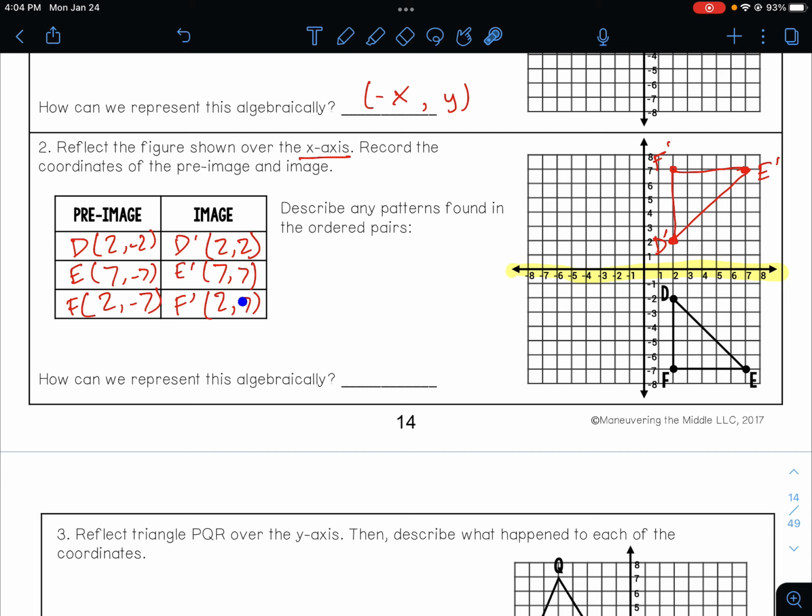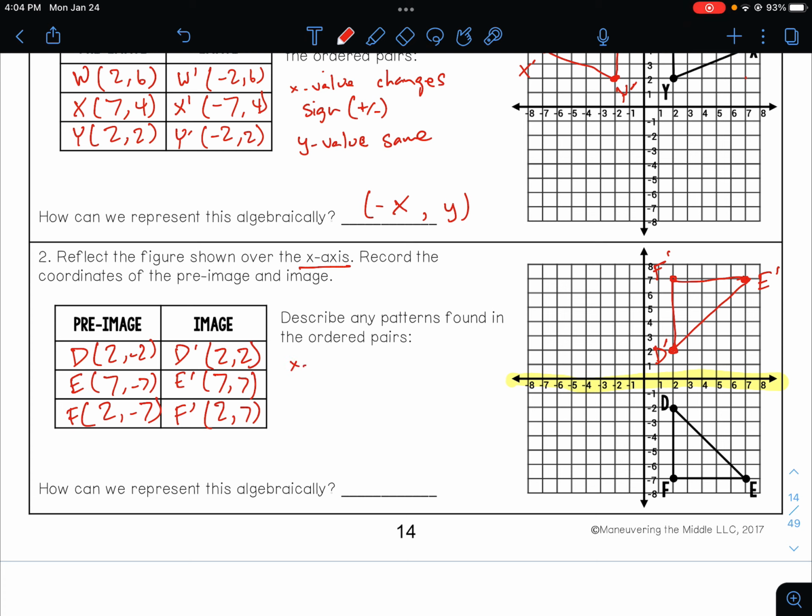So the x value stays the same. The y value changes signs. And what we mean by sign is the plus or minus. It goes from positive to negative or negative to positive.